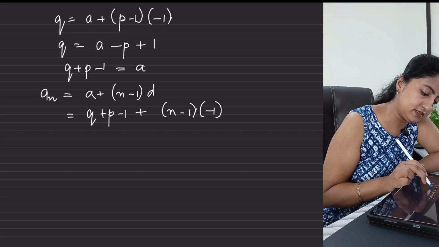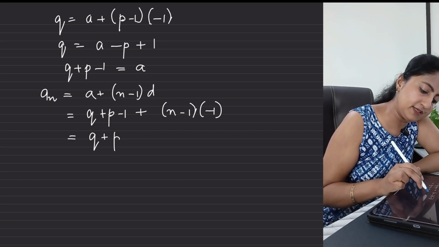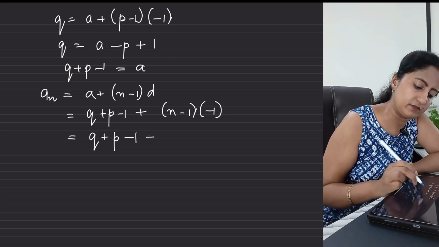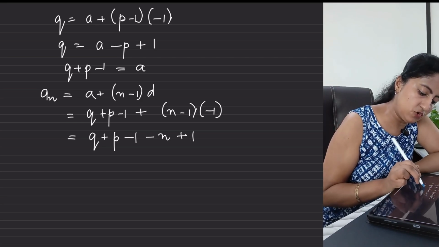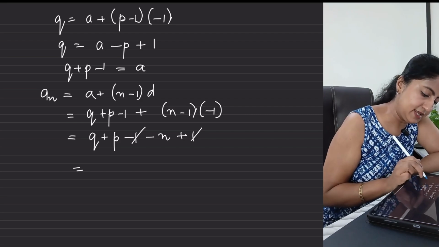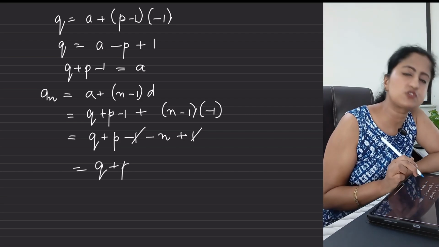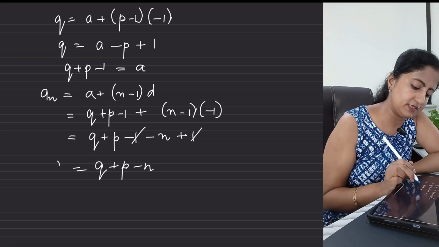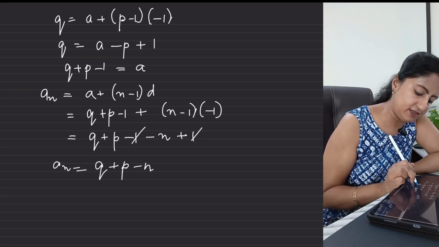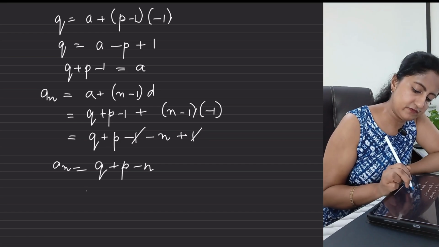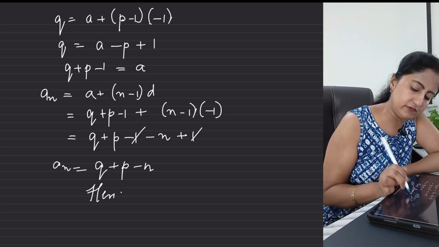Expanding things, Q plus P minus 1 gives me minus N plus 1. Now 1 and 1 got cancelled, and we are left with Q plus P minus N, and this is what they have asked to prove, that the nth term is Q plus P minus N. So at the end we will write hence proved.